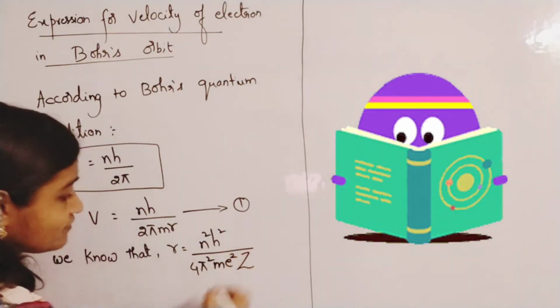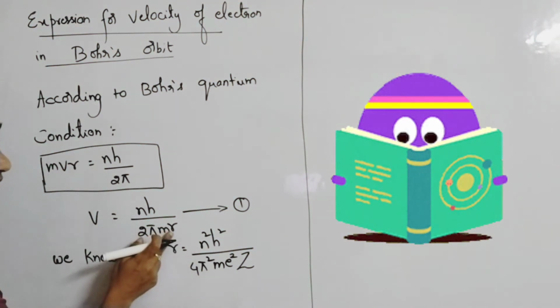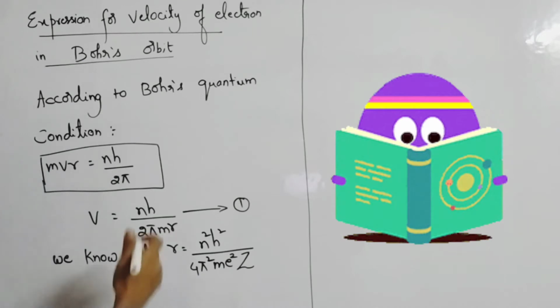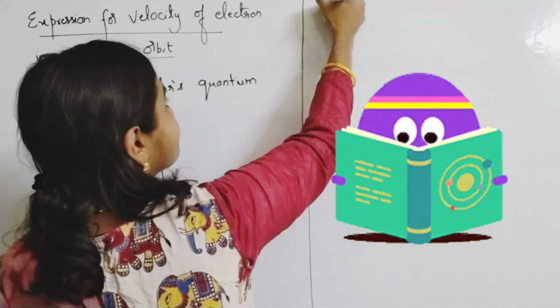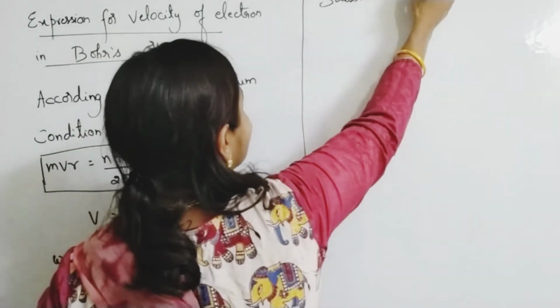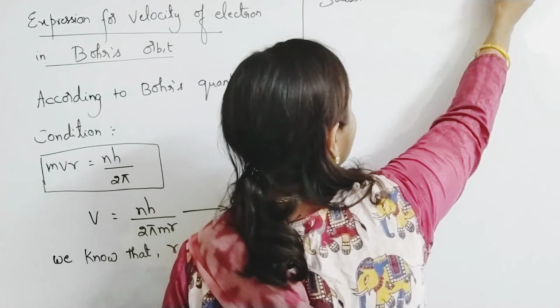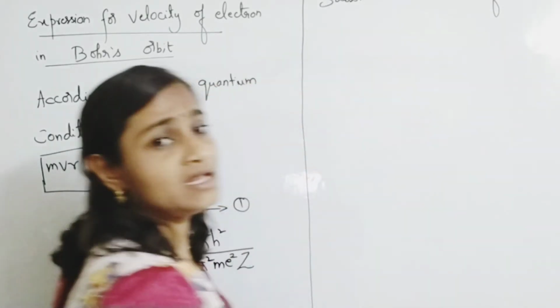That is the formula for radius. Now substitute this value of r in equation 1.